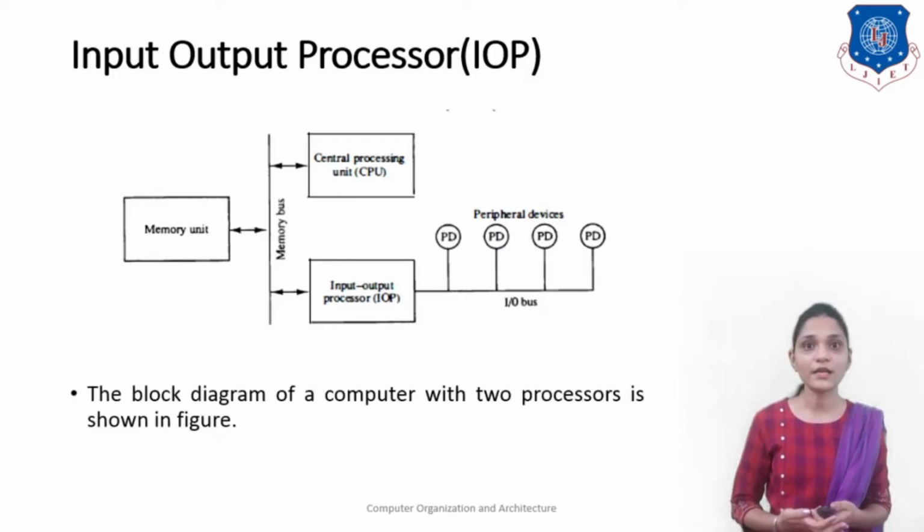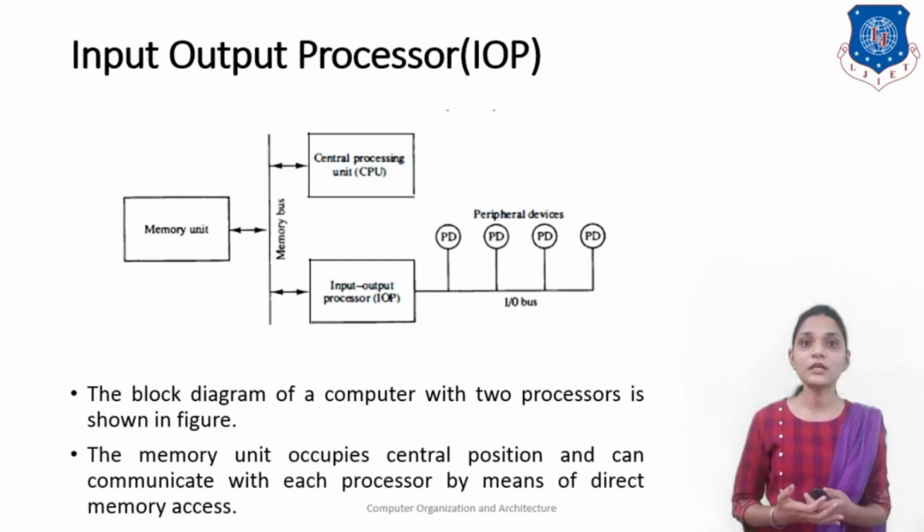This is the block diagram of the computer with the two processors. It has a CPU and it also has the IOP, or you can say input-output processor. This IOP is connected with the peripheral devices like PD1, PD2, PD3 and so on. This connection is through the IO bus.